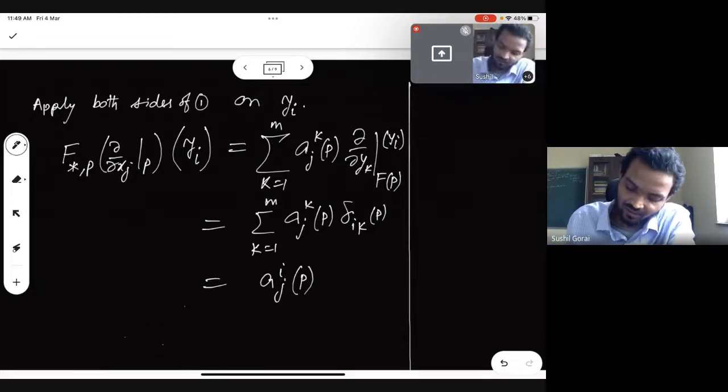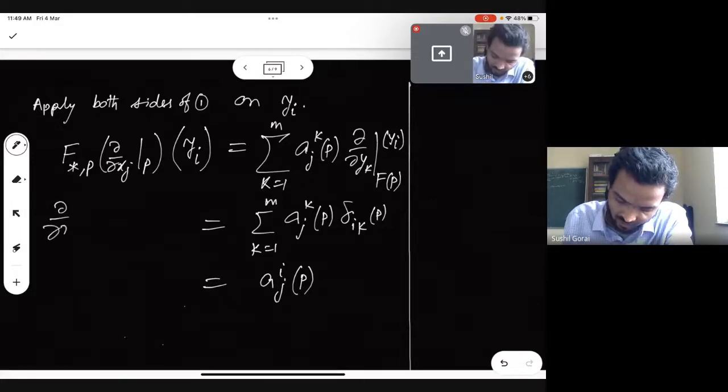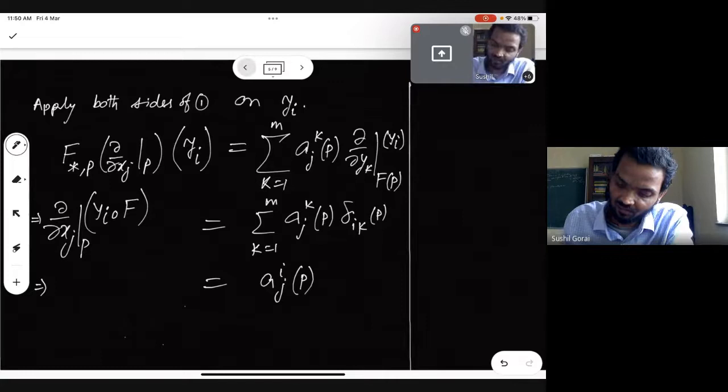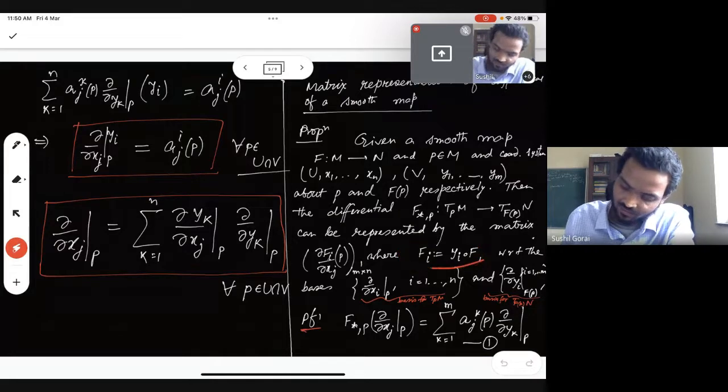Now let's calculate the right-hand side. This is del by del x_j at P of y_i composed with F, which by definition is F_i.